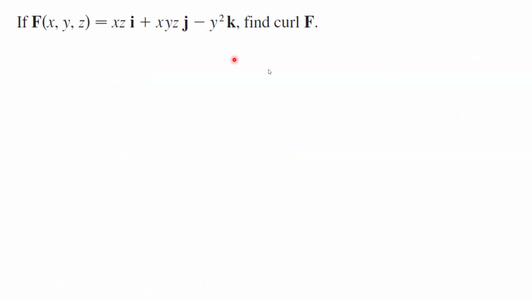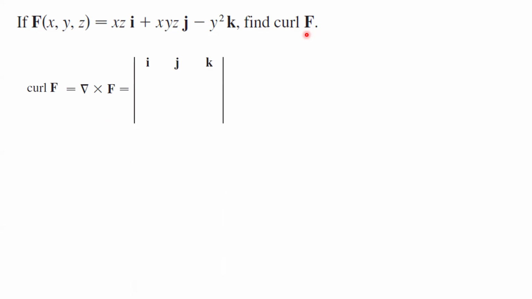Here we have the vector field f: xz in the direction of x-axis plus xyz in the direction of y-axis minus y squared in the direction of z-axis. And we're interested in finding another vector field out of it, which we call the curl of f. Remember that curl of f is equal to nabla cross f, which is the determinant of this 3x3 matrix.